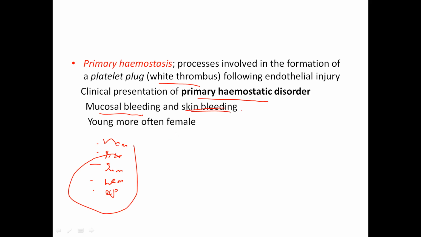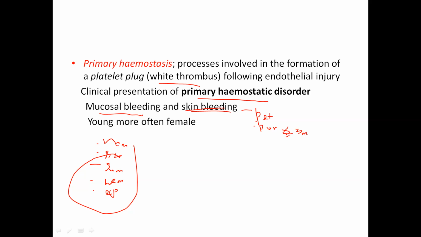like petechiae. We call it petechiae whenever there is bleeding in the skin that is very small and pinpoint. Another term is purpura, which we call it if the diameter of skin bleeding is less than or equal to 3 millimeter.